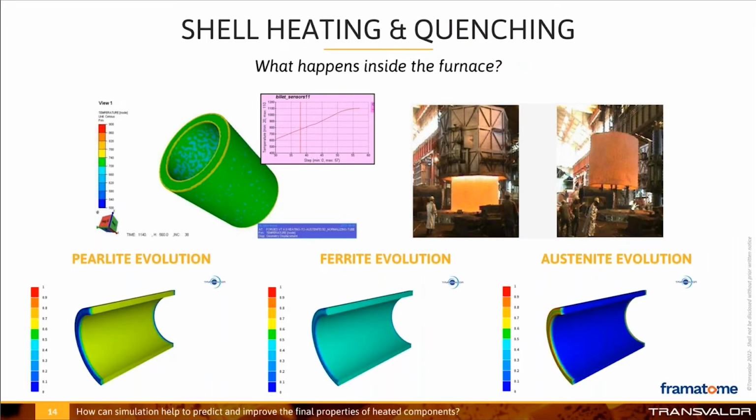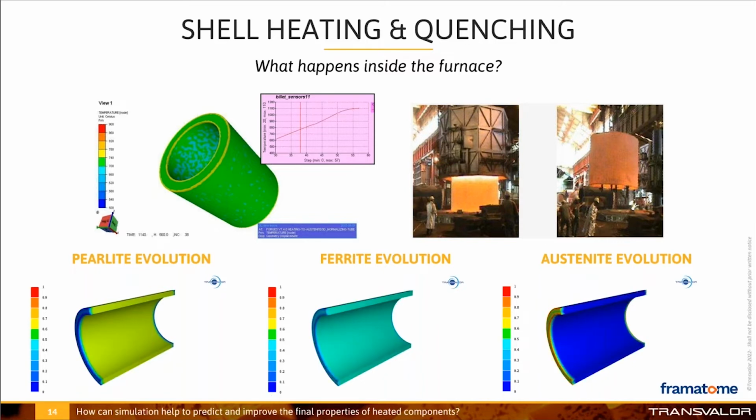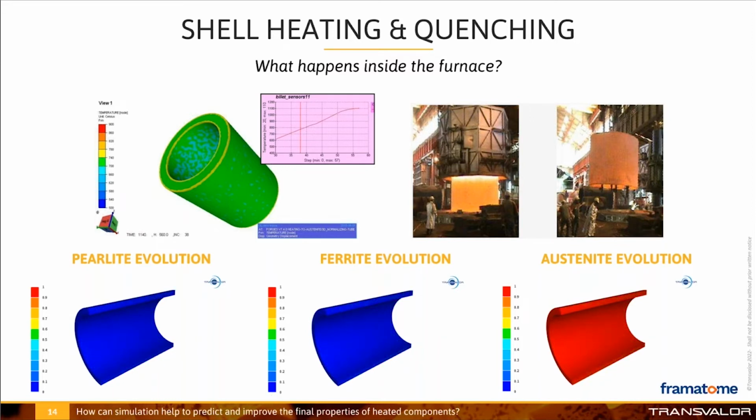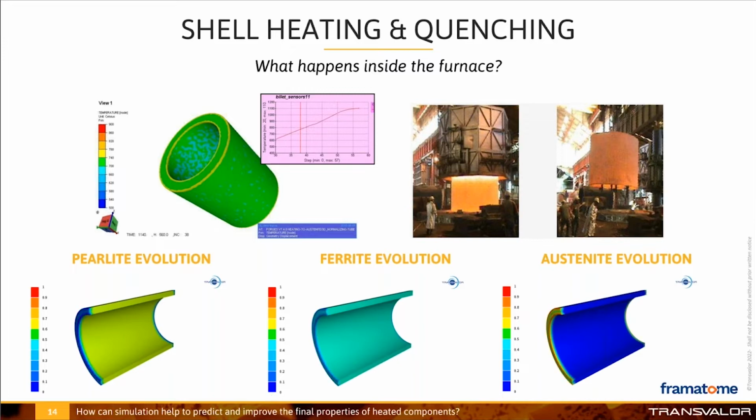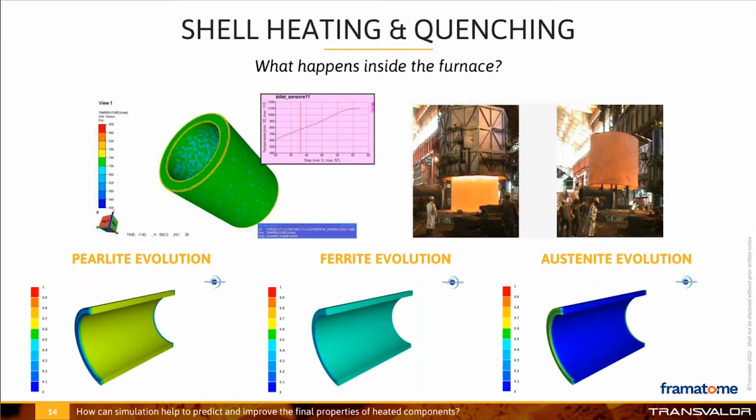We know what goes into the furnace and what comes out, but we don't know what happens inside the furnace. For this reason, the simulation can be very useful. You can determine at which time the part is full austenite, and then you stop heating the part. So thanks to the simulation, you can reduce your CO2 production.